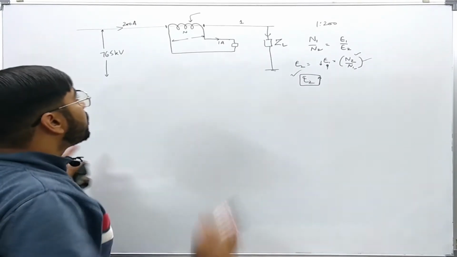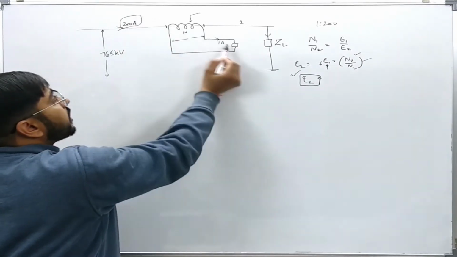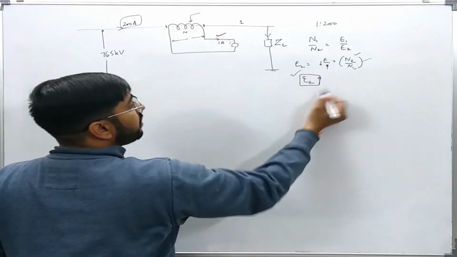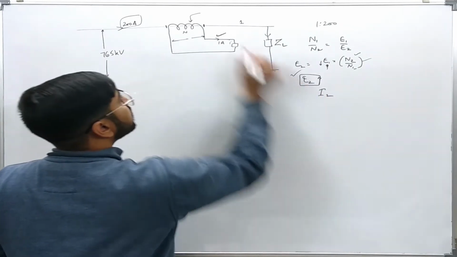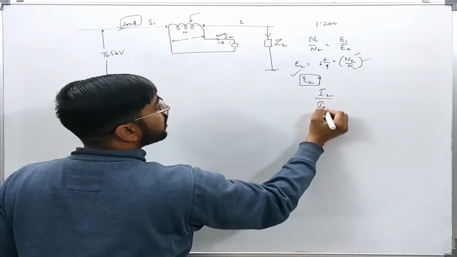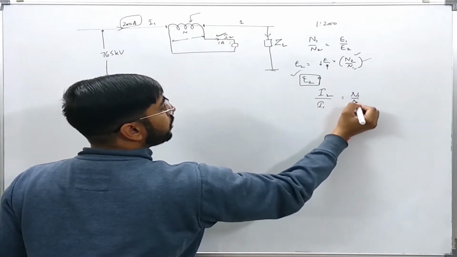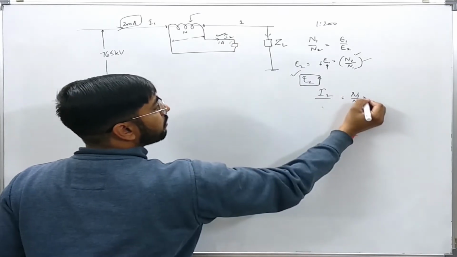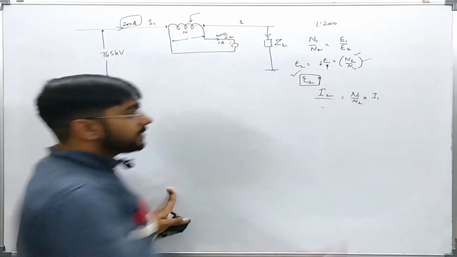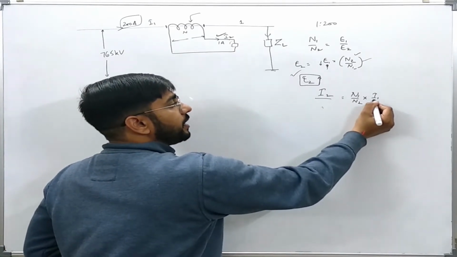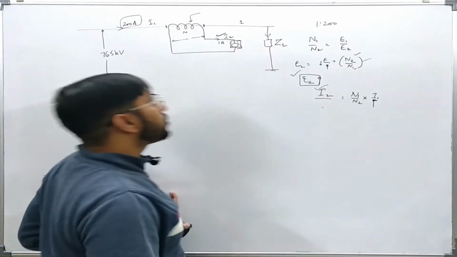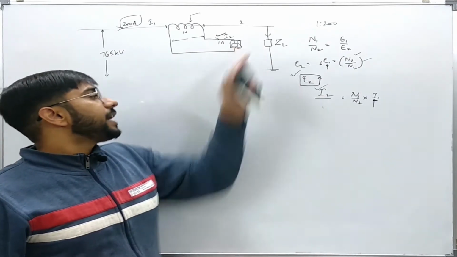Since this is independent of the load connected here, the current in the secondary will be simply, let us say this is I2 and this is I1, I2 over I1 is equal to N1 over N2, or I2 is just equal to N1 over N2 into I1. Since I1 is independent of the equipment connected on the secondary side, you can clearly see that I2 is also independent of the connection on this side.